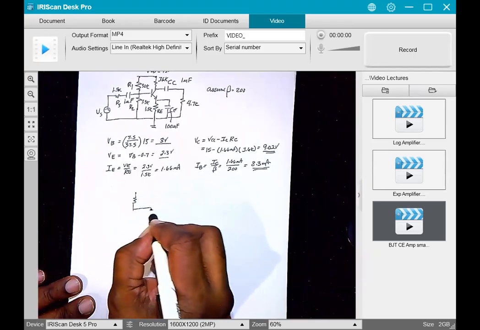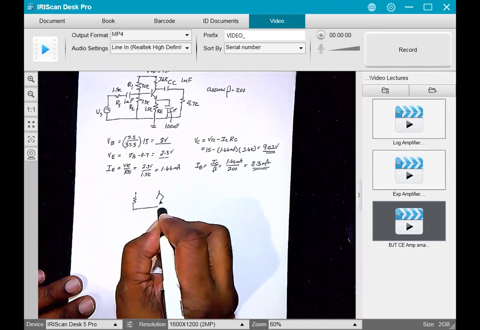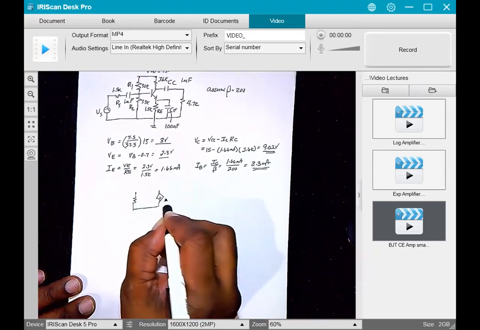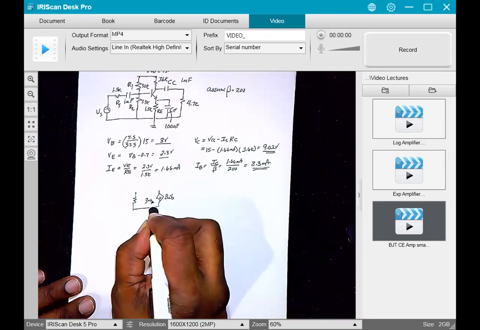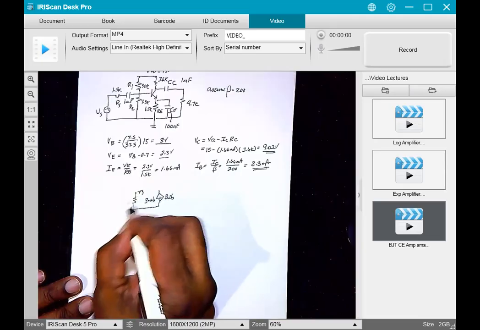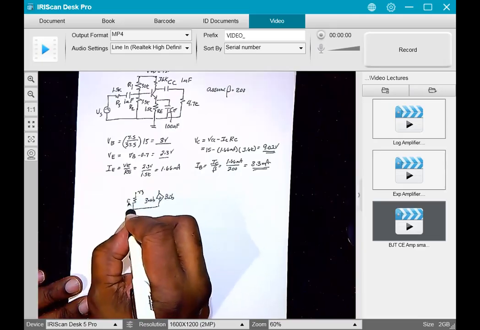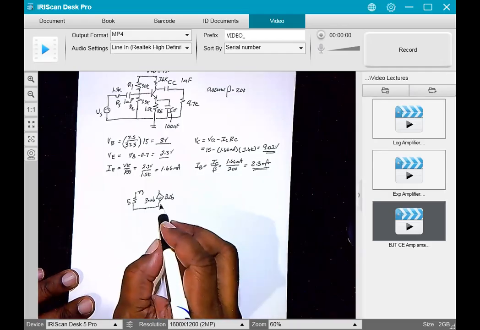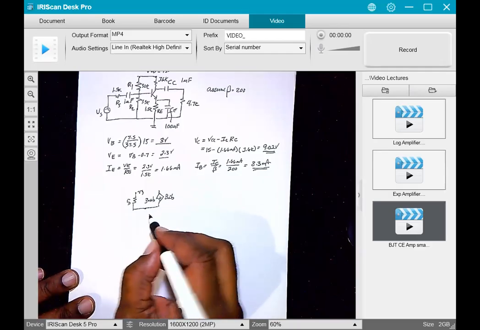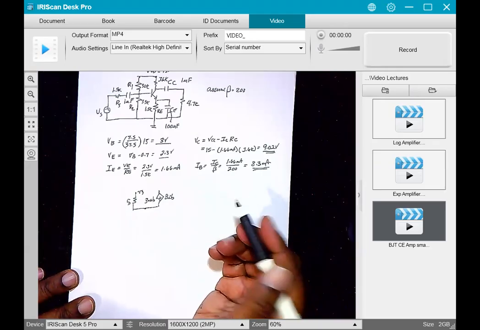Here's our base, beta IB, gmVB, this is VB, this is RB. We're doing a small signal model, so we're calculating our gain now.